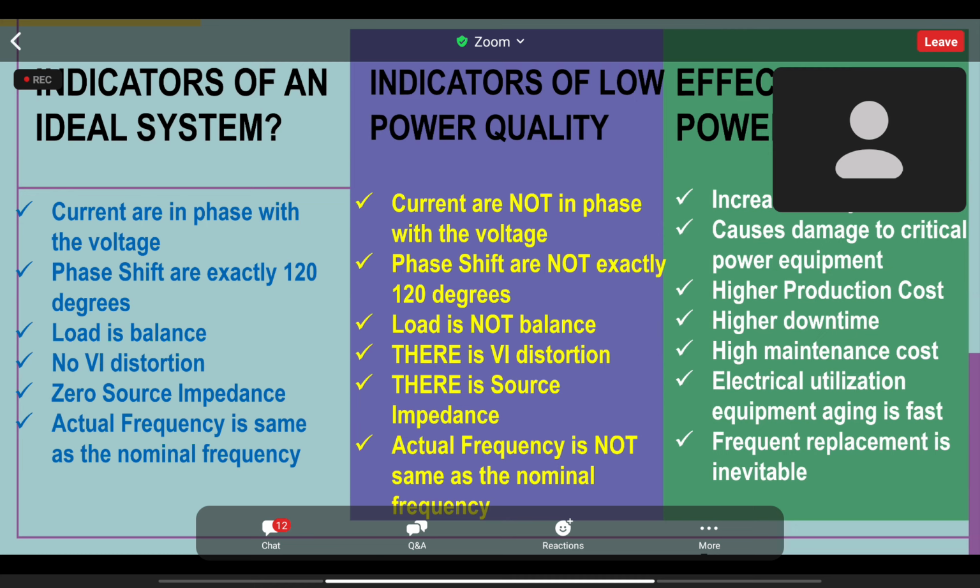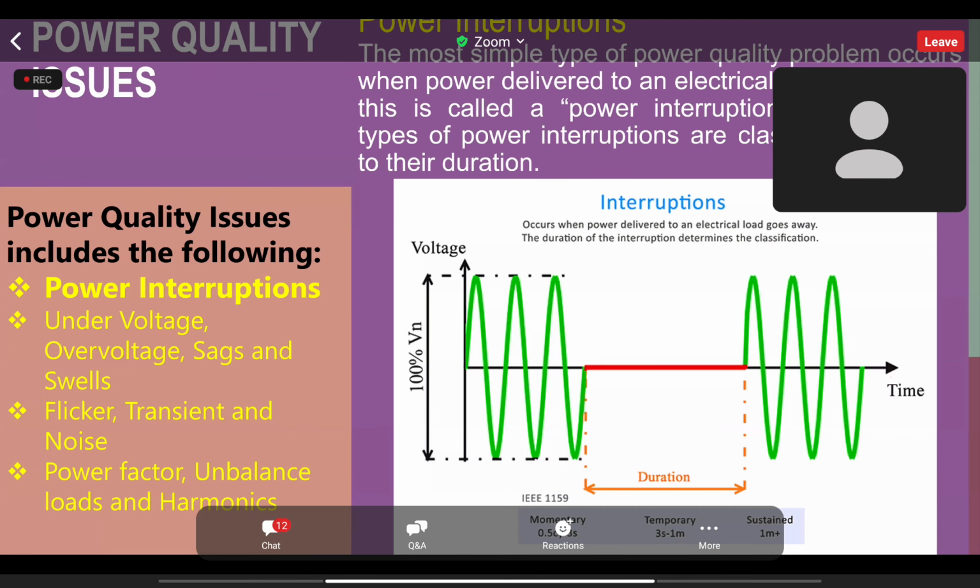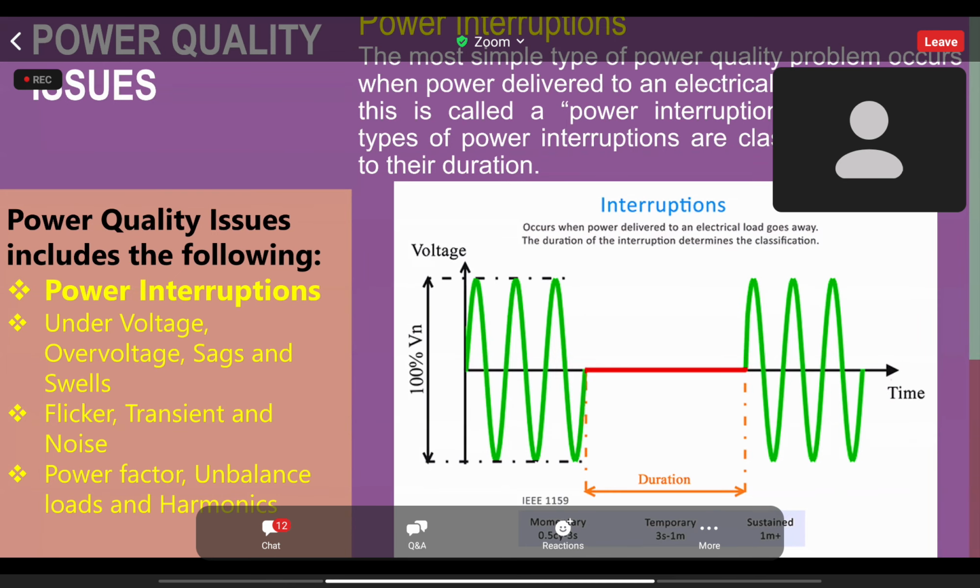So what are the power quality issues that we are going to look into in our system? So basically maraming mga factors yan. But we have to address them and then define them independently because these factors will affect the system in a different way.